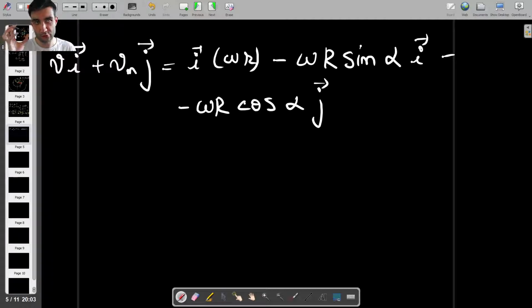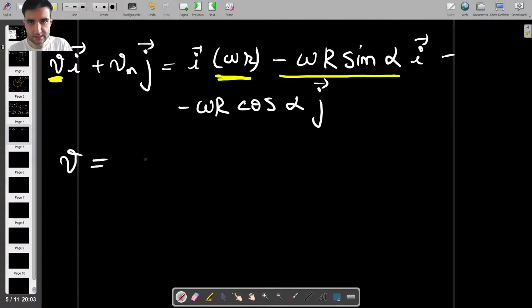Because we look at the i, the x and the y component separately. So the x component on the left has to be equal to the x component on the right. The x component on the right is this and this. So if we separate that, we'll have that v is equal to omega r minus omega capital R sine alpha.